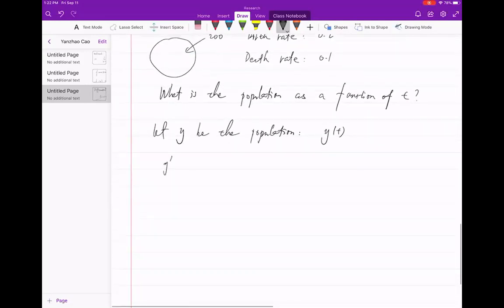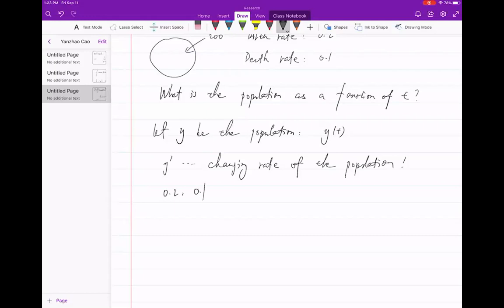Then y prime is going to be the changing rate of the population. Now, can you set up an equation for the changing rate, knowing that the birth rate is 0.2 and the death rate is 0.1?